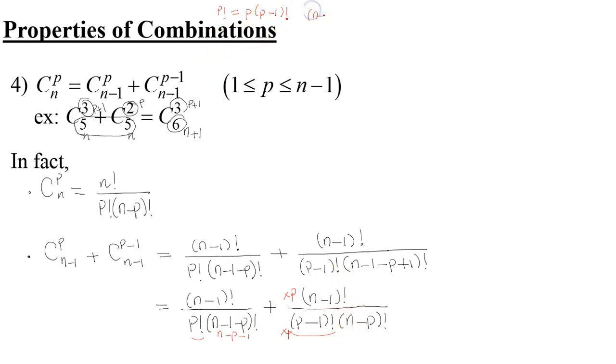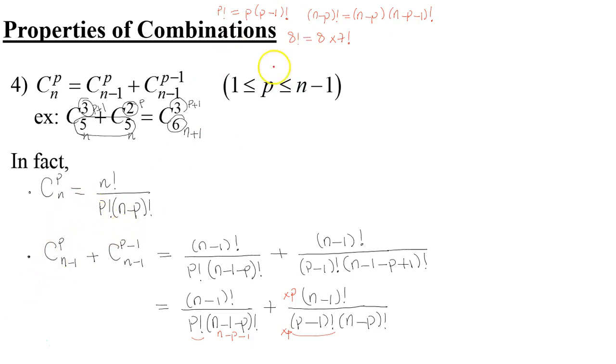Therefore, (n minus p) factorial is (n minus p) times (n minus p minus 1) factorial. Similarly to the previous one, it's as if I have 8 factorial, but I'm saying that 8 factorial is 8 times the factorial of the previous integer.